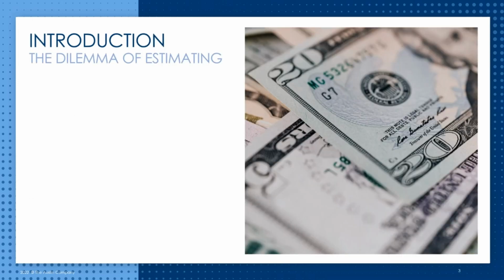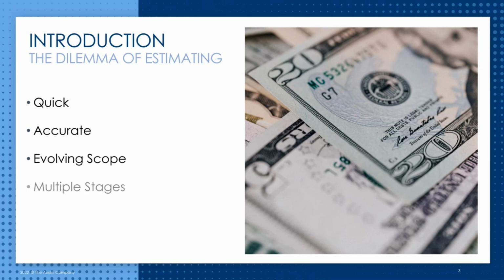Any one of us should be able to relate to the dilemma of the estimator. When a project is estimated, the estimate needs to be provided quickly, and it needs to be accurate. The estimate also needs to occur amidst an environment of evolving scope, as well as multiple stages of the project, from concept to construction.